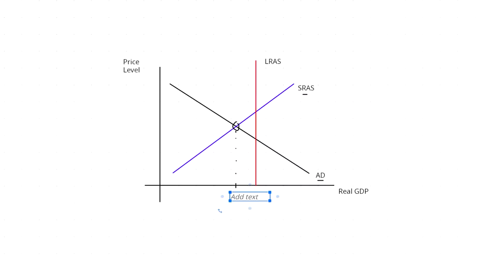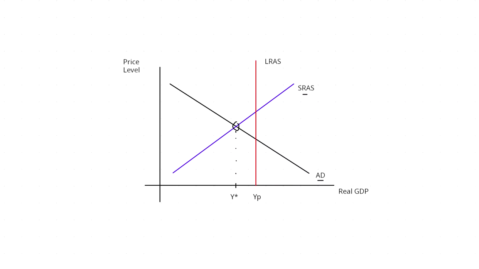So we have Y star there. Then we have Y sub P, which is our potential real GDP here at the long run aggregate supply curve. So our potential real GDP is kind of comparing where we would expect to be given our economic circumstances.